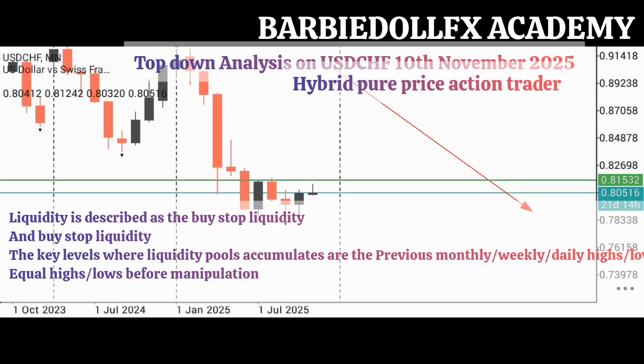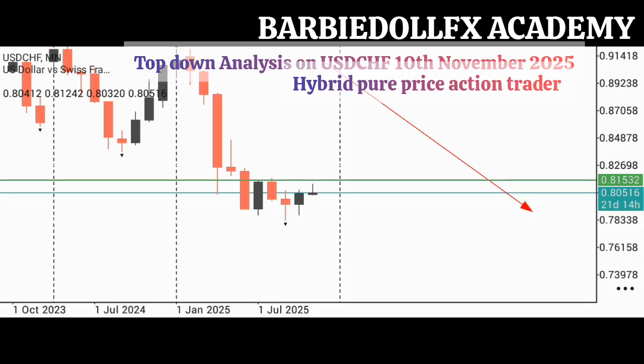Another liquidity I put so much interest on is equal lows or equal highs. These are the only liquidity I recognize outside internal liquidities. These are what I call external liquidities.